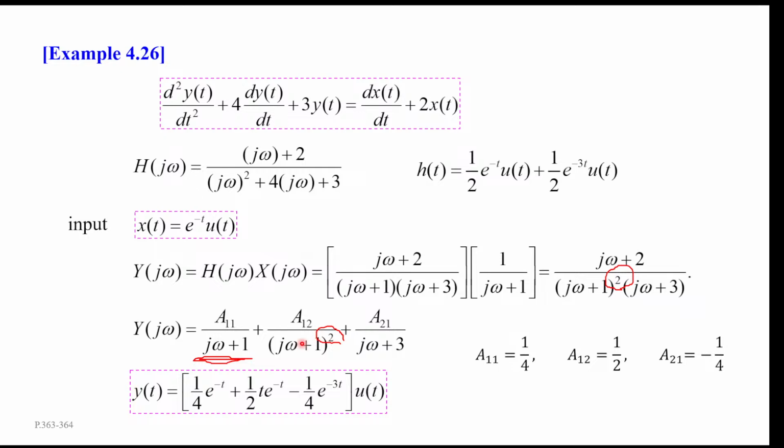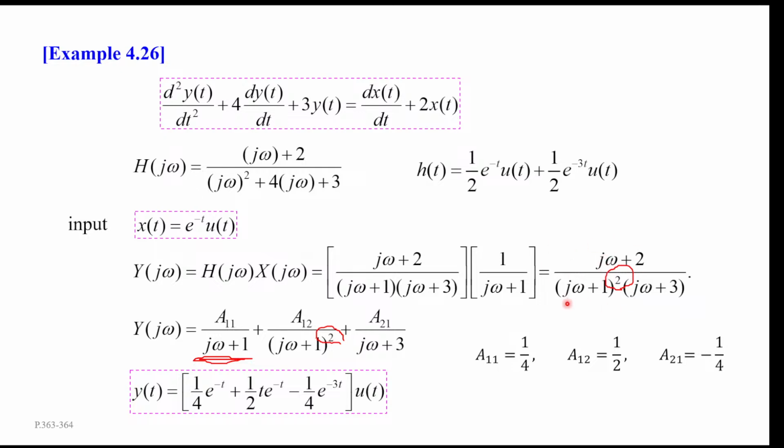You will get something over j omega plus 1 squared, and you also get a term that's something over j omega plus 1. Then you also have the partial fraction on j omega plus 3. So for the repeated root, you have 2 fractions, and hopefully you can guess correctly.